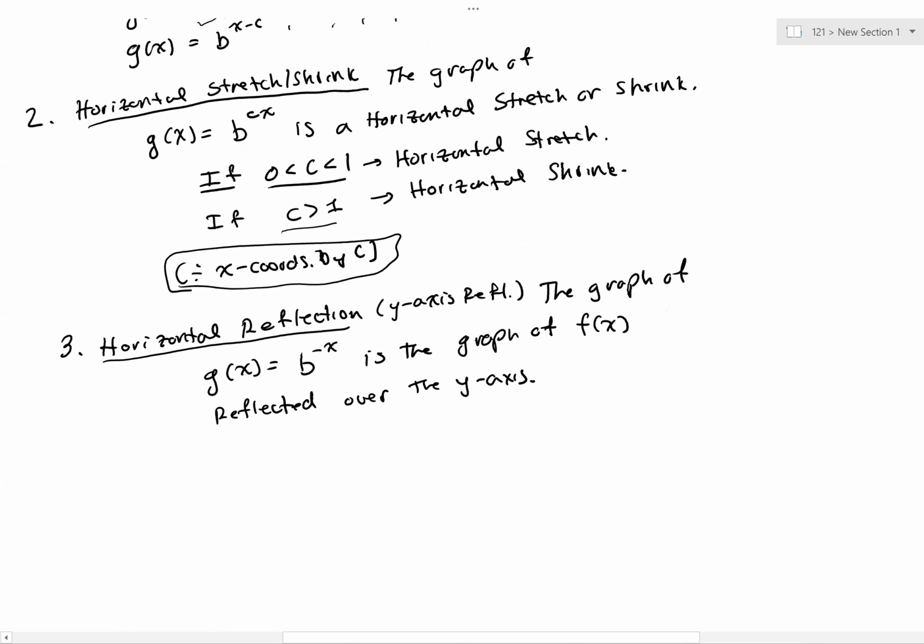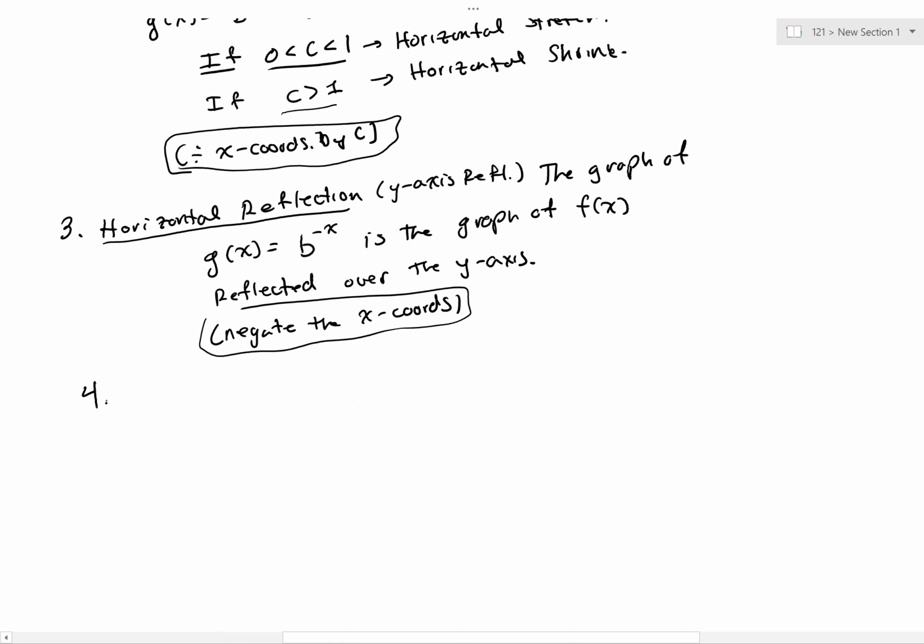So you're just going to negate the x value. So the actual process is you negate or change the sign of the x coordinates. You keep the y coordinates the same. So that's it for the horizontal transformations.